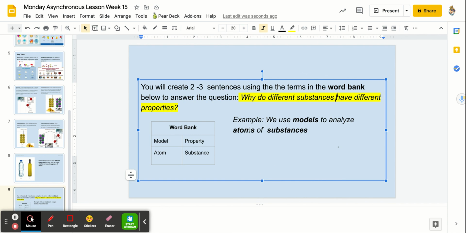You can still reuse words. You can reuse the same words, but the point is that you want to use these terms to answer the question, because this will help you answer the question clearly while using specific academic vocabulary. You want to be able to answer the question clearly and concisely.